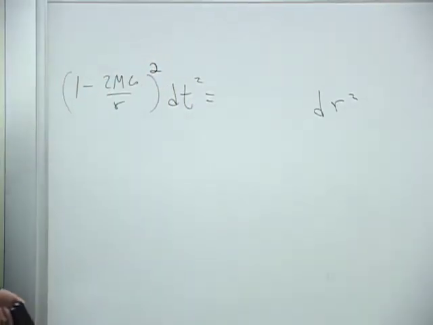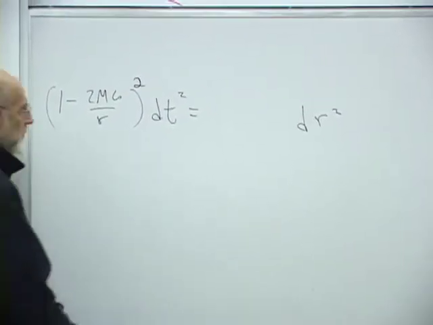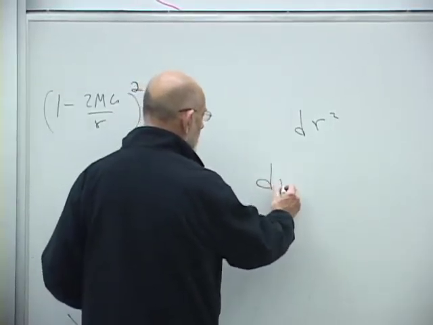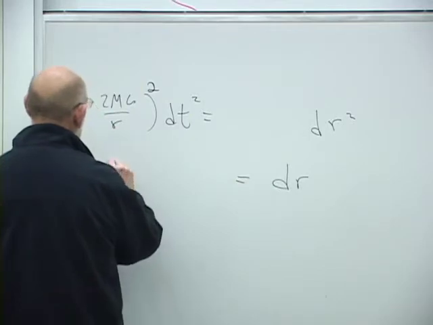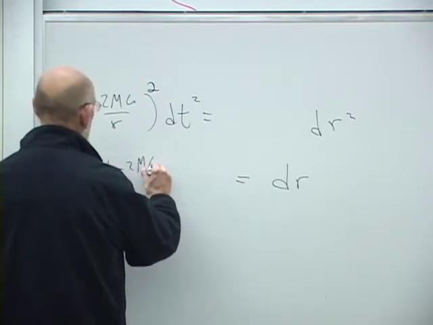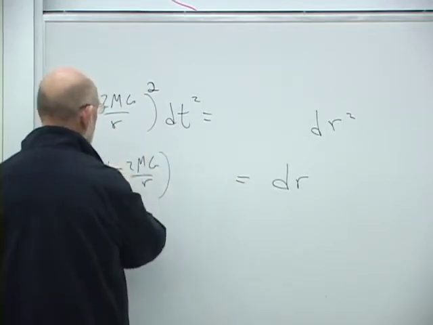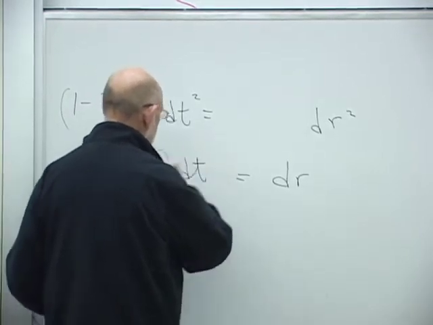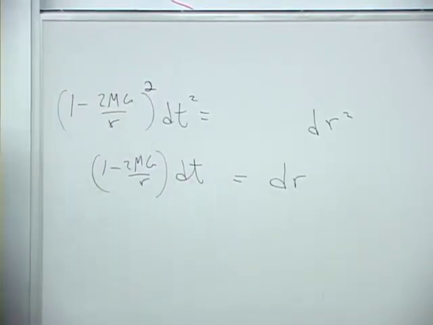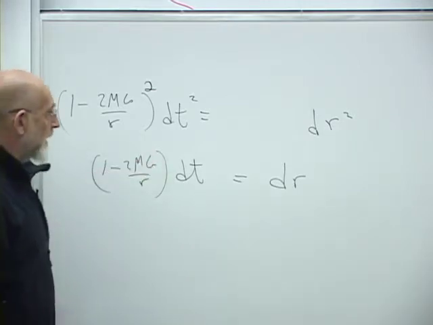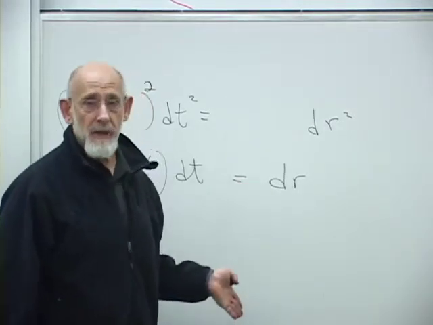And now I can take the square root if I like. It just says that dr, the distance along the radial direction that it moves, is equal to 1 minus 2mg over r times dt. If you're far away from the black hole, this is close to 1, and it just says dr is equal to dt.